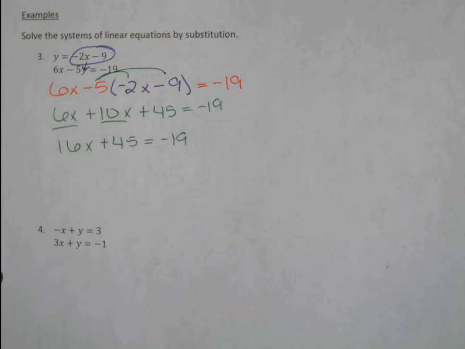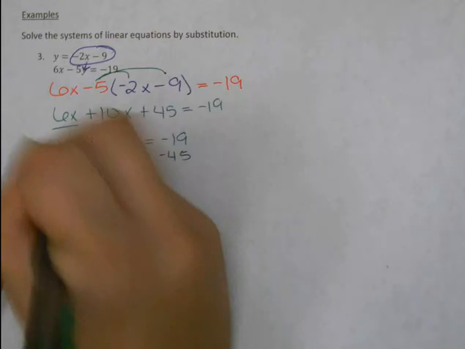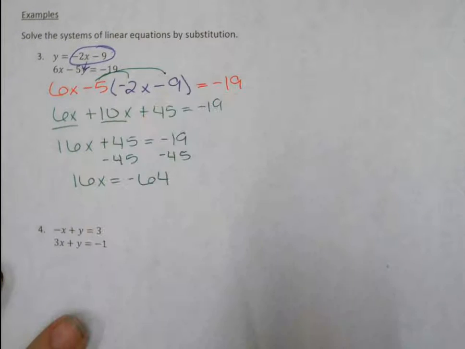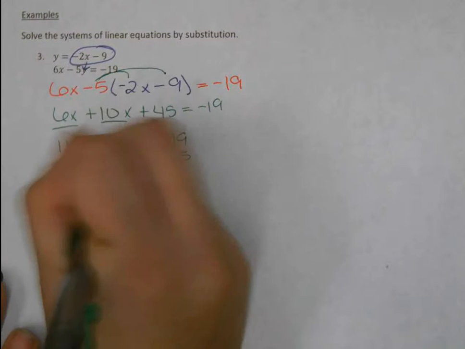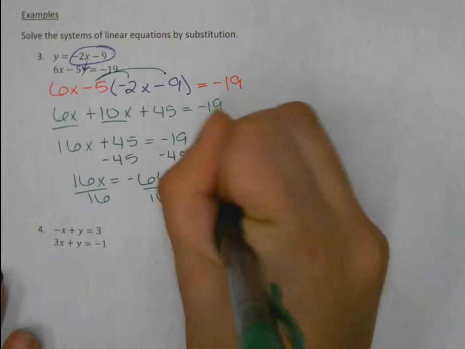Okay. Then, what do I want to do next? Subtract the 45. Negative 64, right? Not quite. So when I divide by 16, it's not positive 4, it's negative 4.